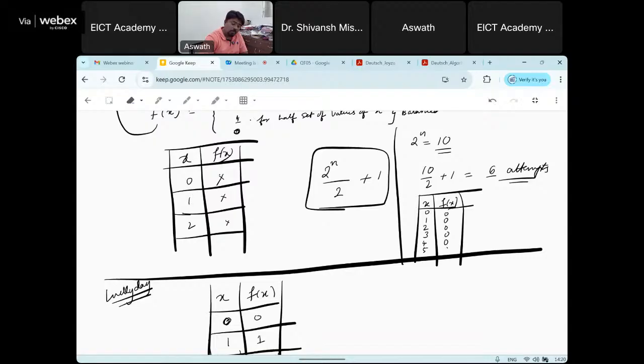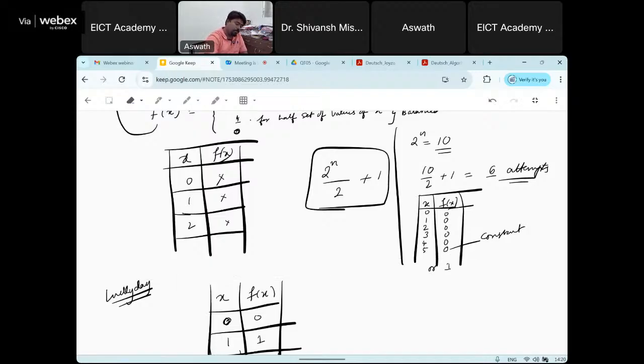If it is 0, she can simply say this function is constant. Or if the value is 1, she can say it must be a balanced function. There is no need to go beyond 5 because she already figured it out by this point. So we need this number of attempts.